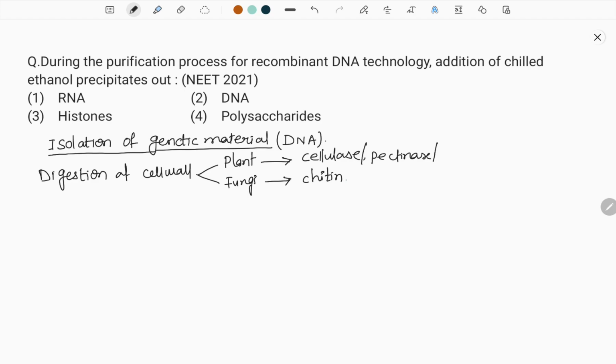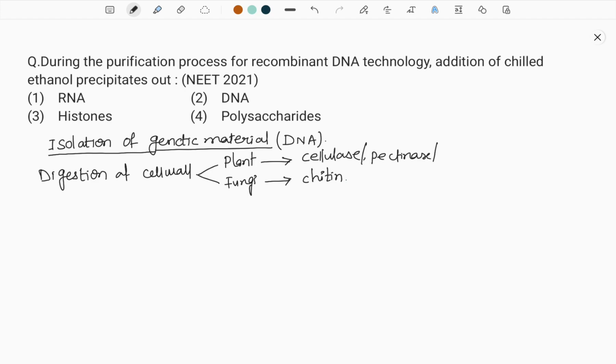Chitin is a complex polysaccharide, a homopolymer present in the cell wall of fungi, and chitin is the second most abundant organic material present on this planet.